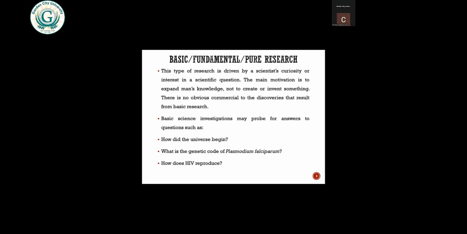Basic, fundamental, or pure research does not solve everyday problems. It is just done to satisfy scientific curiosity. The main aim of this type of research is to expand knowledge, but not to create or invent something.